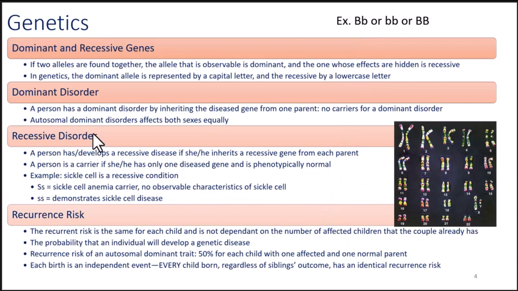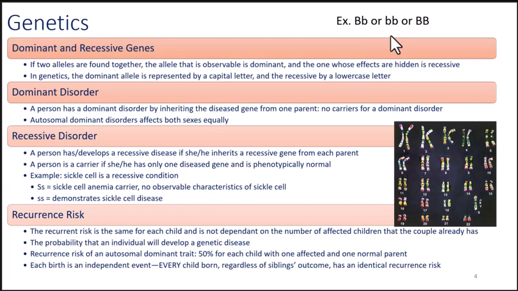Recessive disorders. A person will have a recessive disorder if they inherit the recessive gene from both parents. So remember, recessive is represented by the small letter. You'd have to inherit that disease gene from both parents in order for it to be expressed. Sickle cell anemia is a good example.